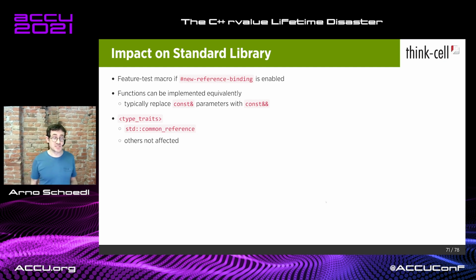Something that would need to change is the common reference in the type traits. There, the rules would obviously be different. You don't want to have rvalue amnesia. I didn't see any other type traits that would be affected.